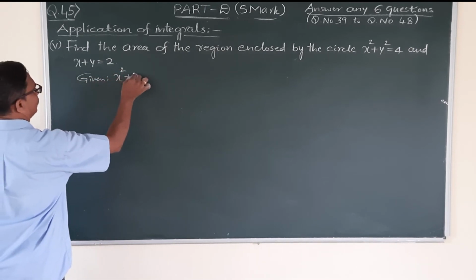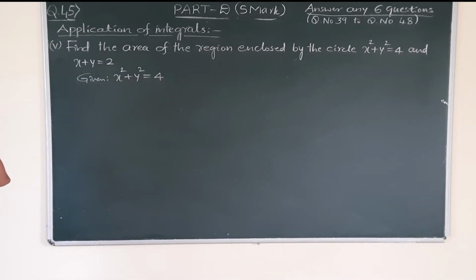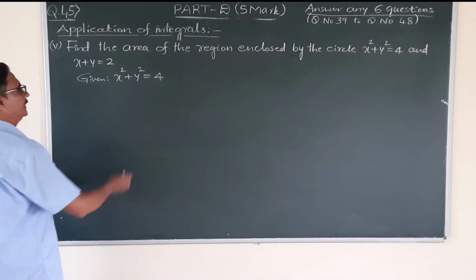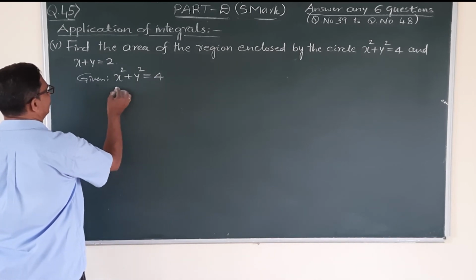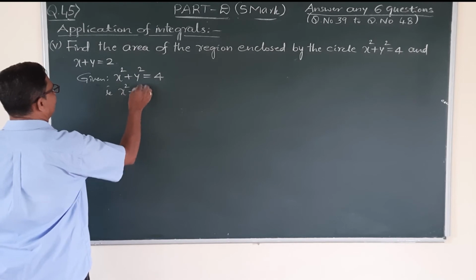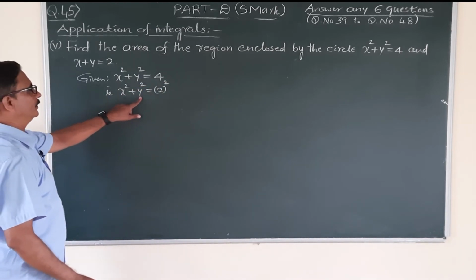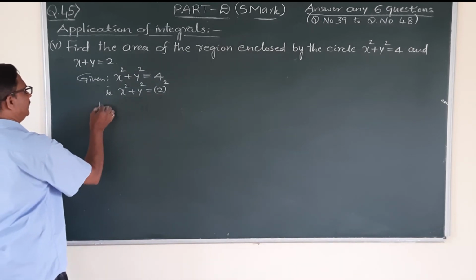x square plus y square is equal to 4. It represents the equation of a circle with center at origin, radius here is 2. Now x square plus y square is equal to 4, which is the same as 2 square. Clearly it is in the form x square plus y square equal to r square.